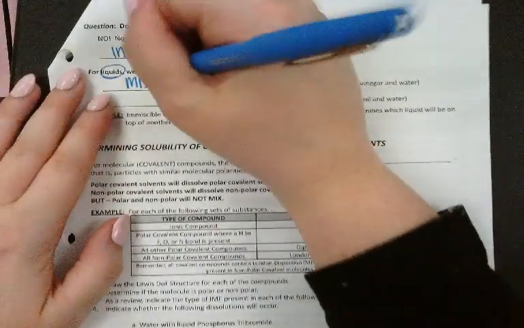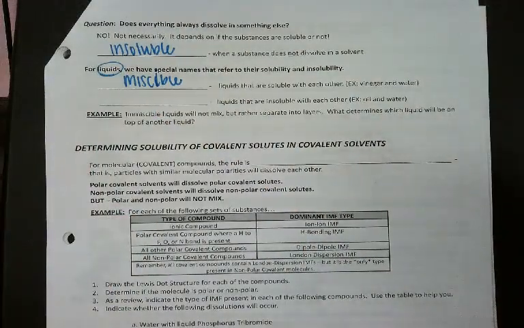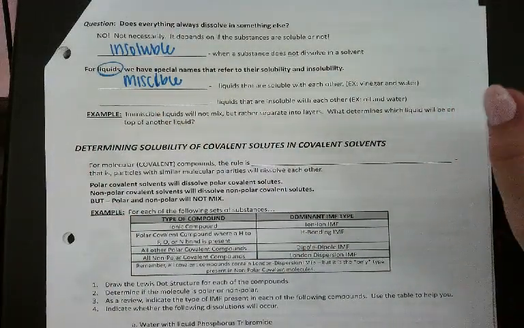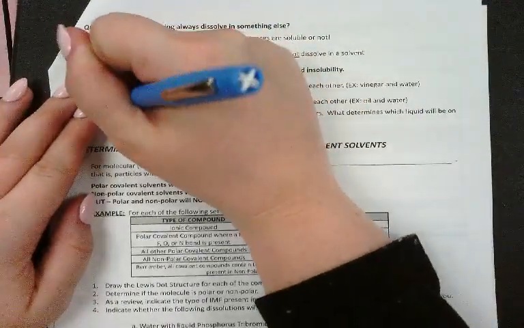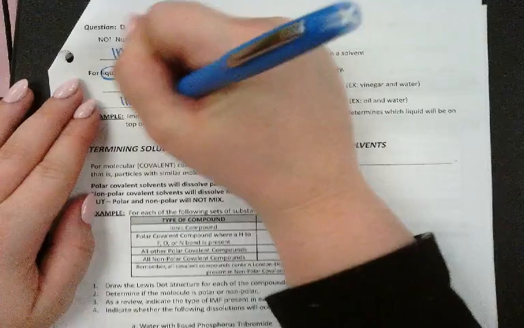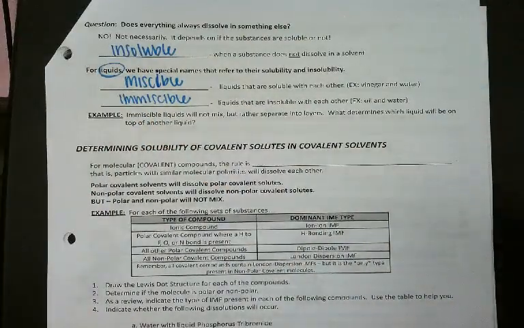That's an I, by the way. M-I-S-C-I-B-L-E. What do you think it's called when you have liquids that are insoluble with each other? Immiscible. That's an E at the end.